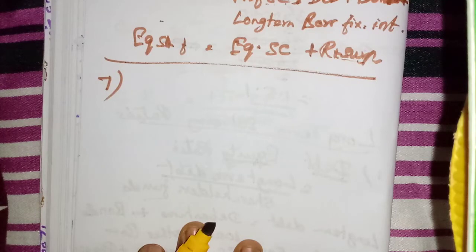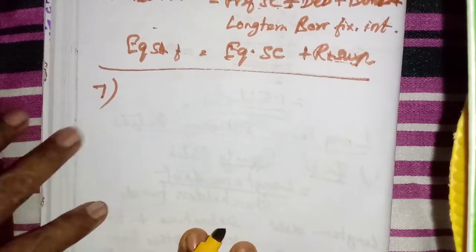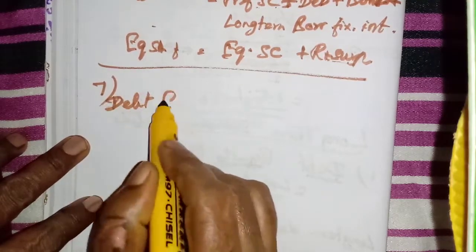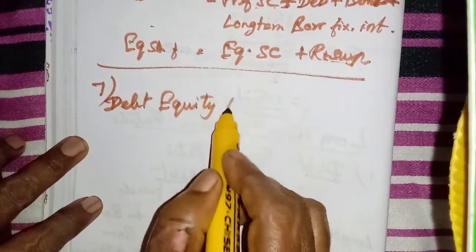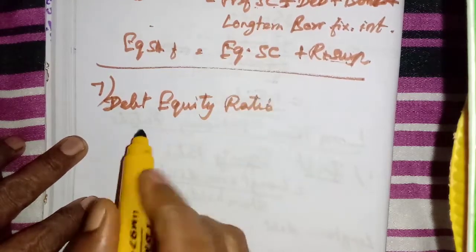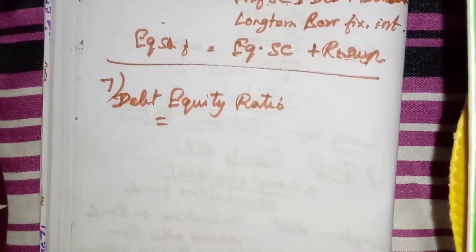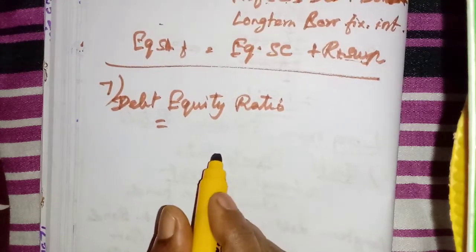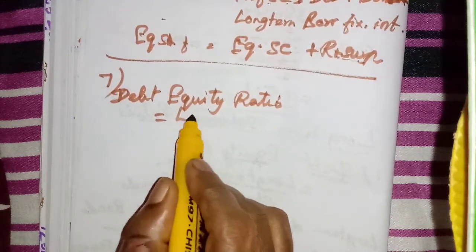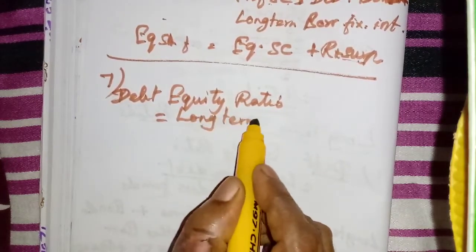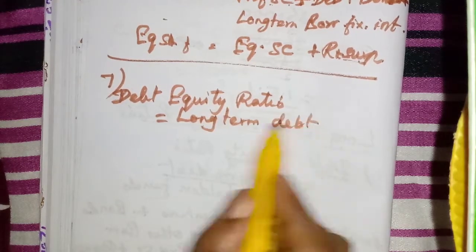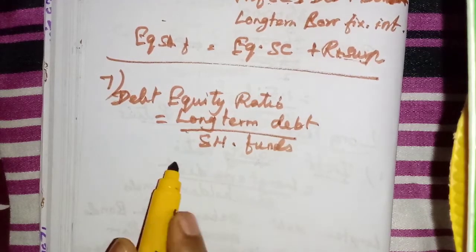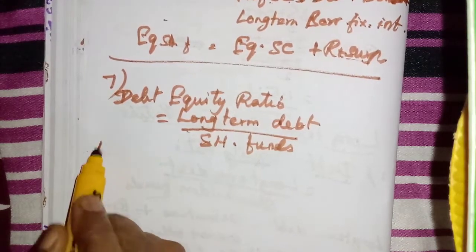The first one, debt equity ratio. What is the formula? Long-term debt divided by shareholders funds. Here, what are the long-term debt?